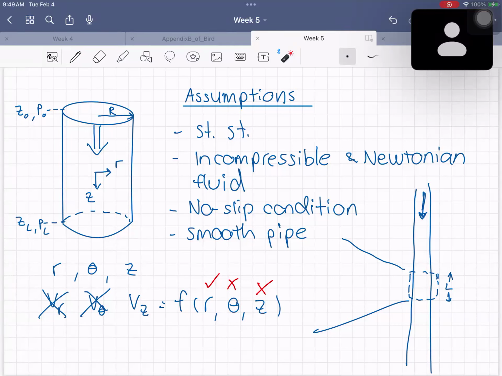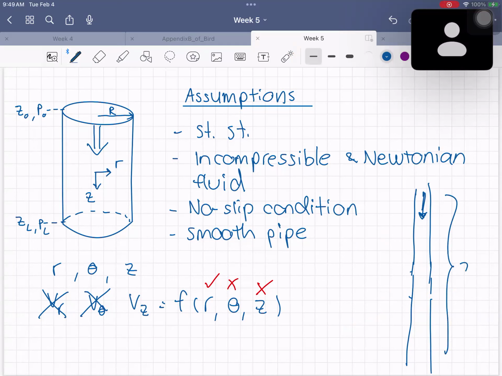That means that velocity will not change. Velocity will be roughly constant. But if you consider the whole long pipe right here, instead of cutting it into small pieces, the velocity will change along the z direction.